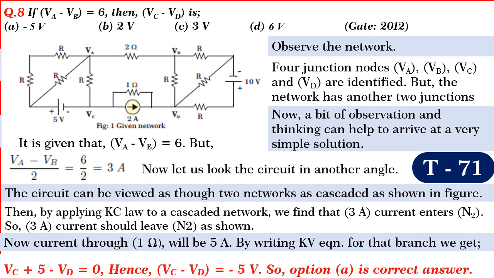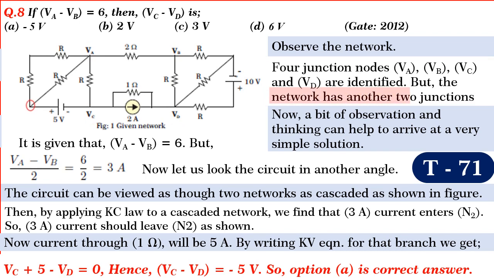Friends, finally, we shall solve question of GATE 2012. In this question, given VA minus VB is equal to 6, we are required to find VC minus VD in the network shown in figure. Observe the network. The network has 4 nodes identified as VA, VB, VC, and VD.